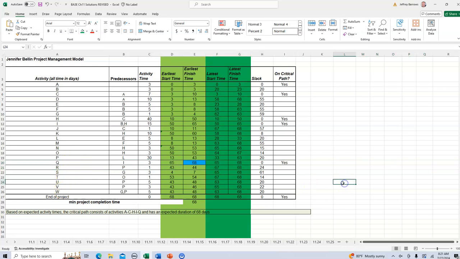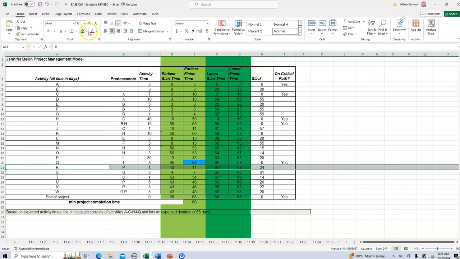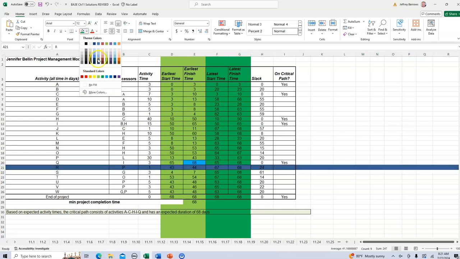Where the challenge comes in here, or where the first point of interest comes in, is activity P, because notice that activity P is a predecessor of activity R. Let me just highlight these so we don't lose track of them.